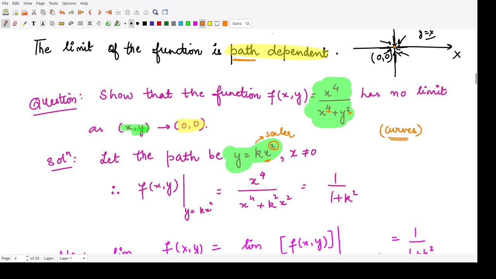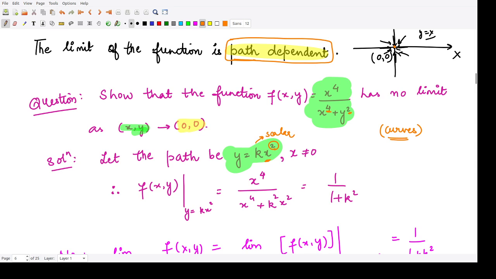What we were doing, we were just seeing the limit of this function, and we were seeing how this is path dependent. So for that we had considered this function x raised to power 4 divided by x raised to power 4 plus y square, and we have to show it has no limit whenever the point (x, y) tends to the point (0, 0).